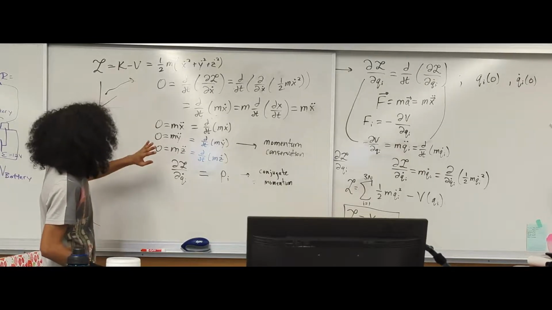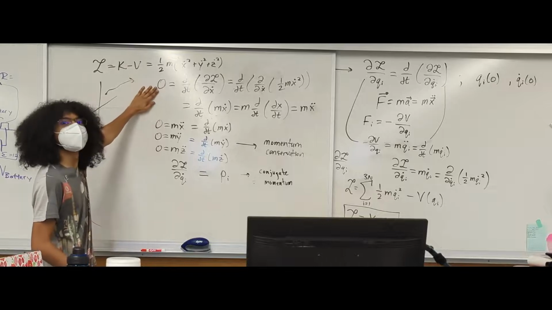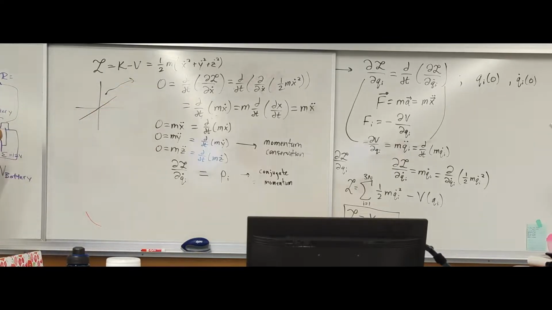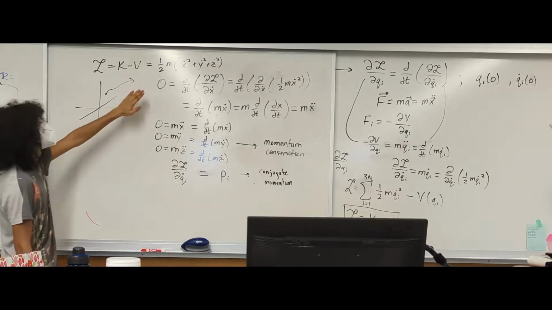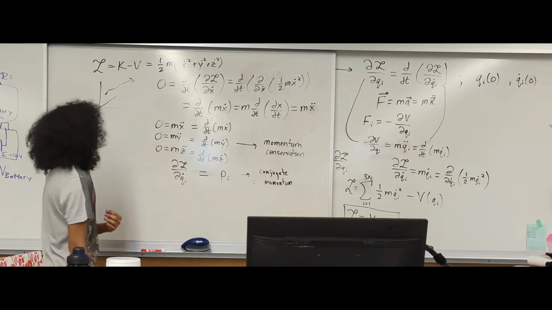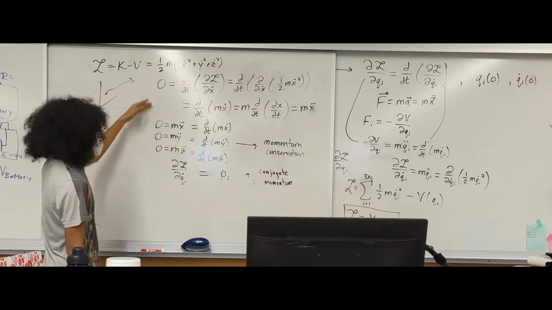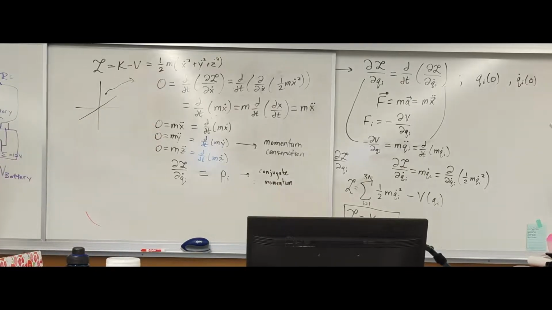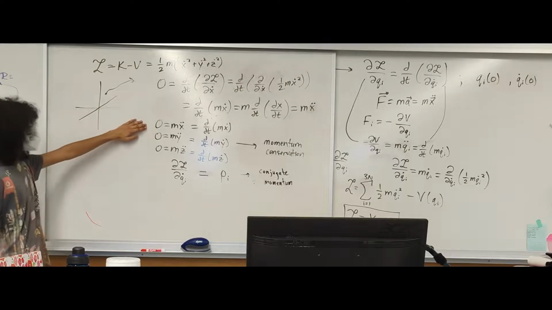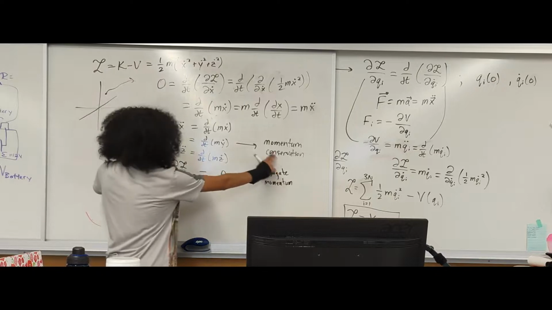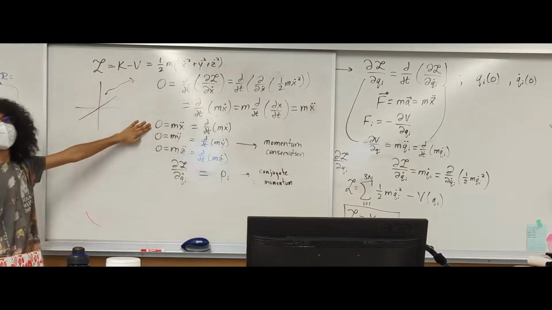So this was 0, why? Because there was no potential, or there were no forces acting on the object. Yeah. And so specifically, because of that, there was no positional dependence in the Lagrangian. So on a case-by-case basis, if we look at a specific degree of freedom, and the Lagrangian does not depend on that generalized coordinate, then this is always 0, right? The conservation of momentum came from this being 0, right?